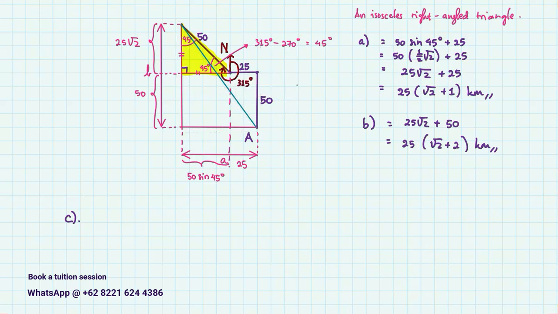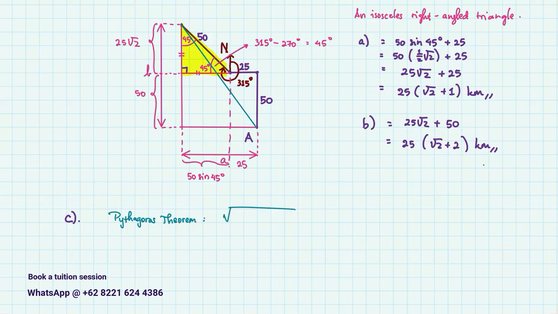That length, we can use a simple Pythagoras: the base square plus the height square and then square root of that. So that's going to be that distance.